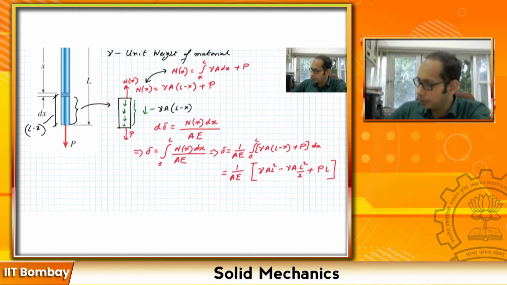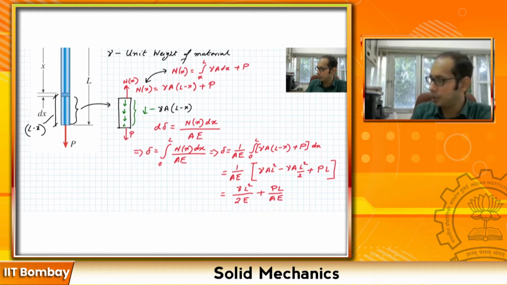So if I simplify this and pull this out of the parenthesis, for the first term, the A and A will cancel. So what we will get is gamma L square by 2E plus PL divided by AE, right?